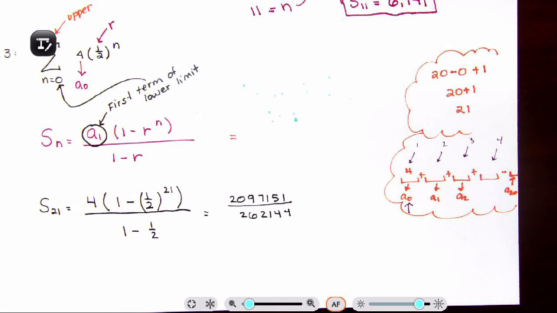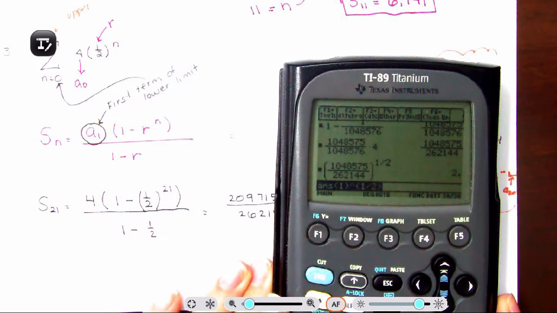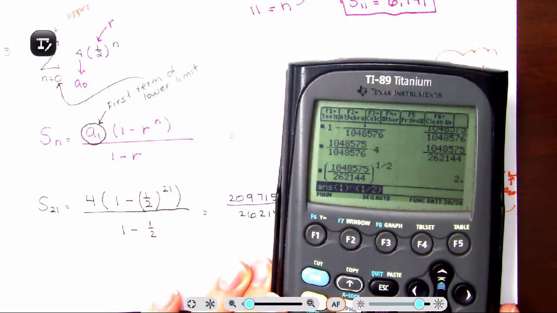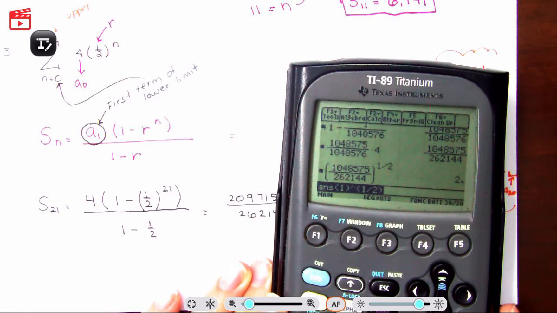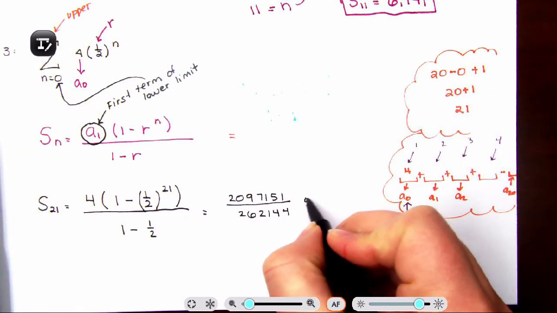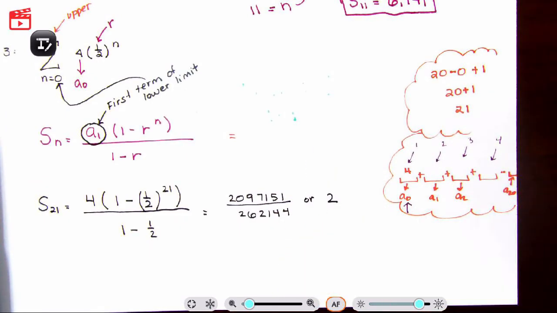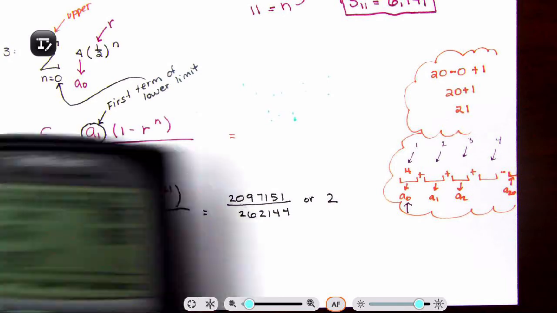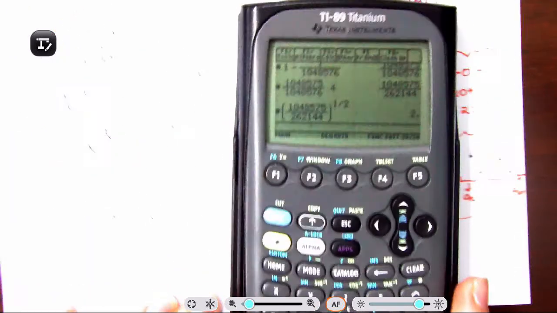Ooh, and now it gave me something completely different. Now it gave me 2, which is weird. I'm going to do that again because I like the answer 2 better, but I'm going to try it again. And I'm going to show you what I'm doing.